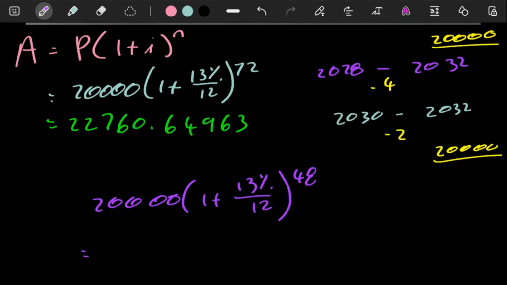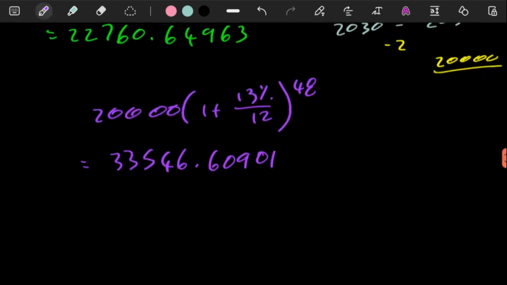So this 20,000 here, times (1 plus 13% over 12), the whole thing to the power of 48, right? This is like 33,546.60901.